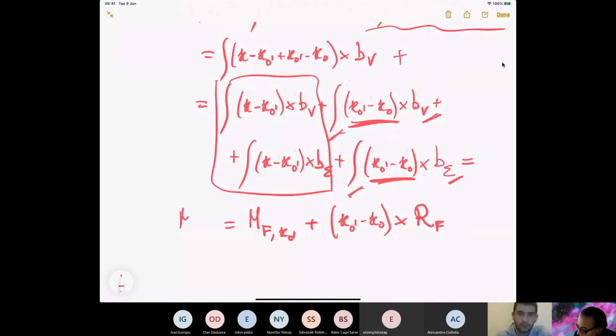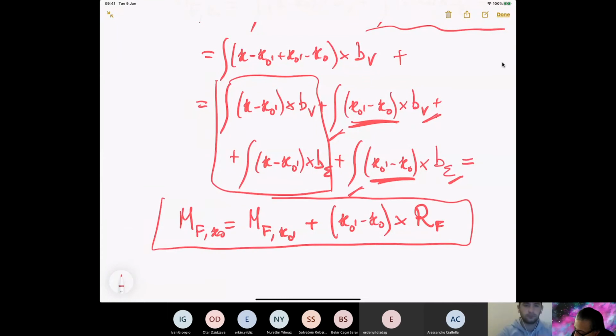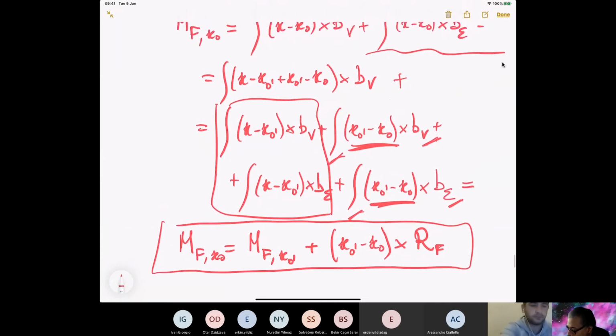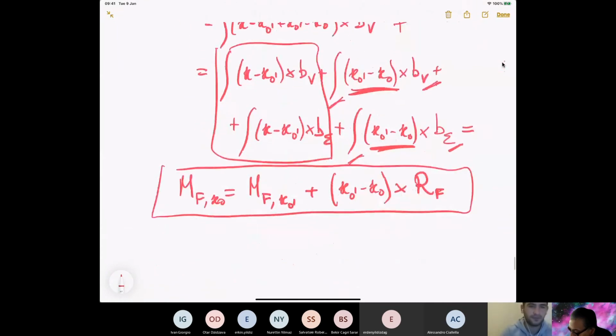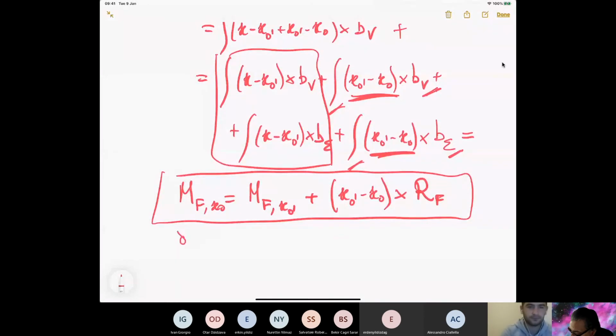So you get that the moment changes with the pole with this formula, and remark the similarity of this formula with this. Of course, you can change the sign here.